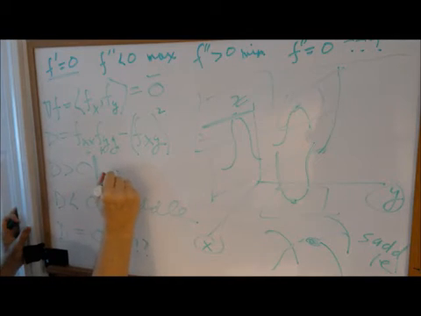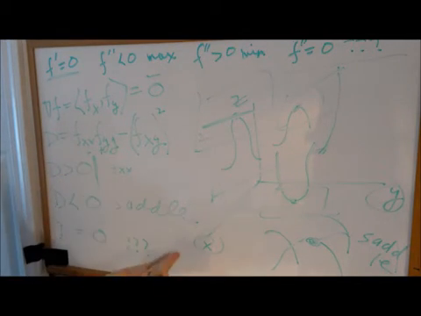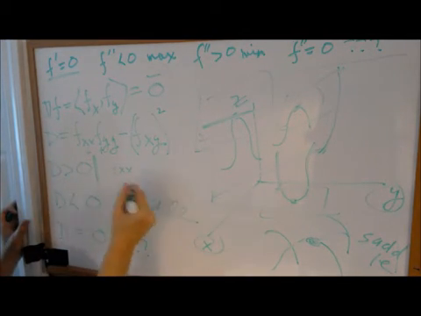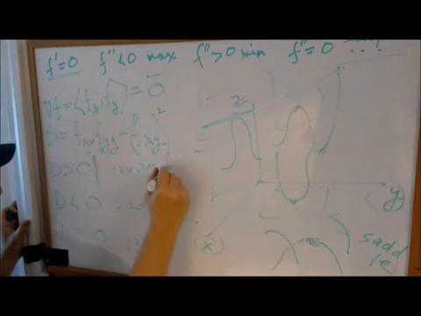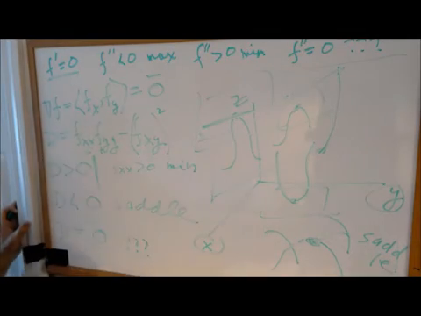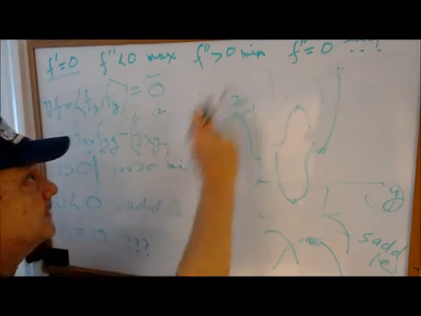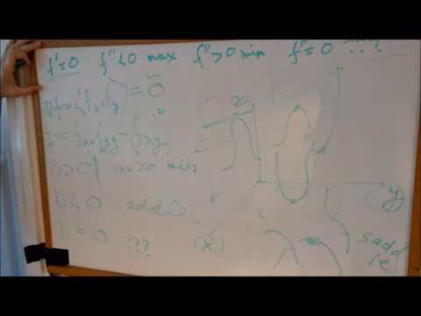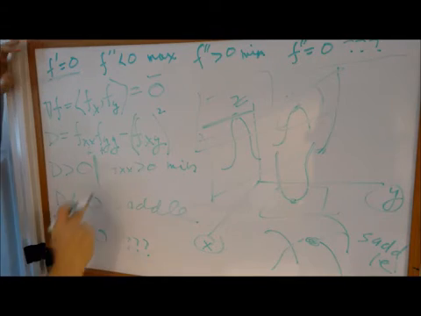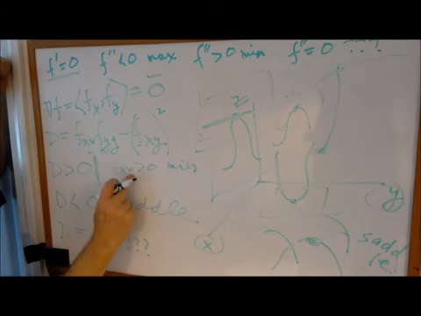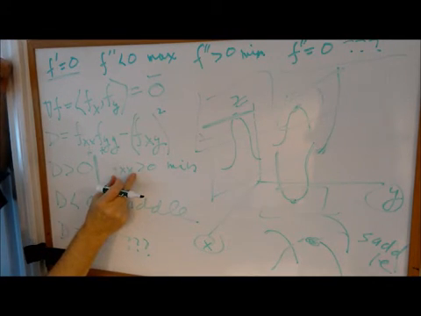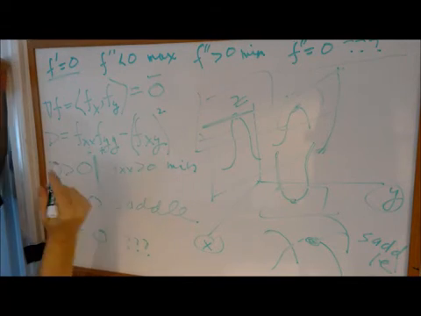So you can say that if f of xx or f of yy is positive, then it's a minimum. And of course that's similar to the single variable case. And it doesn't matter if it's xx or yy, because they both play the same role.